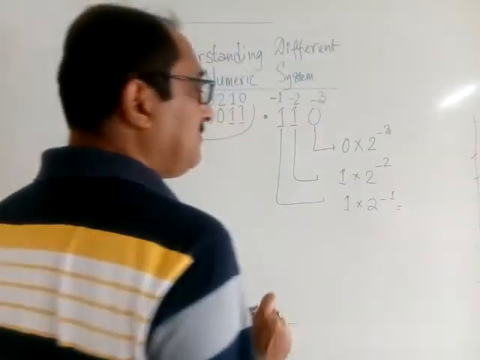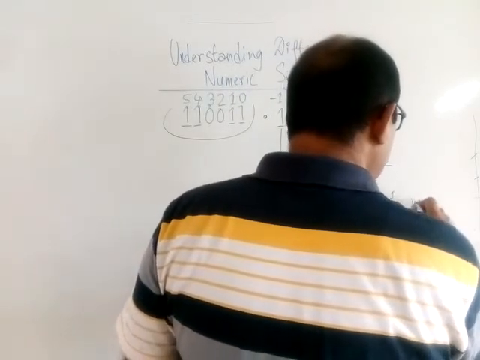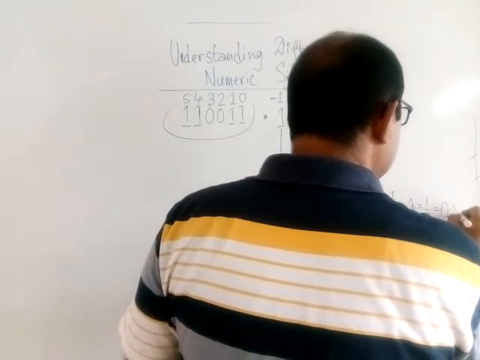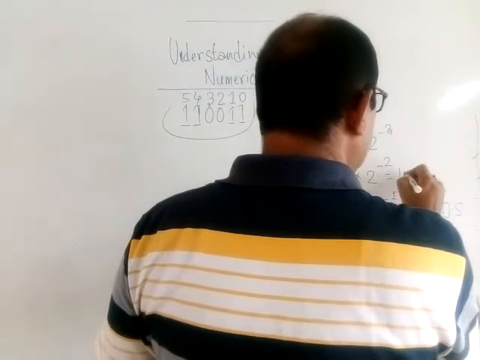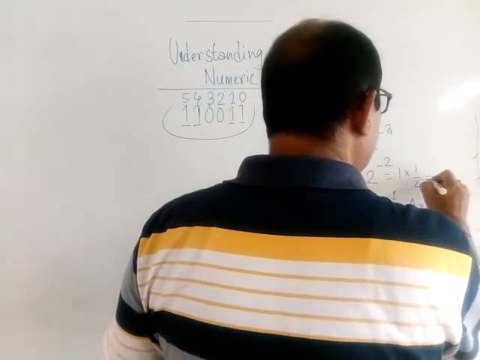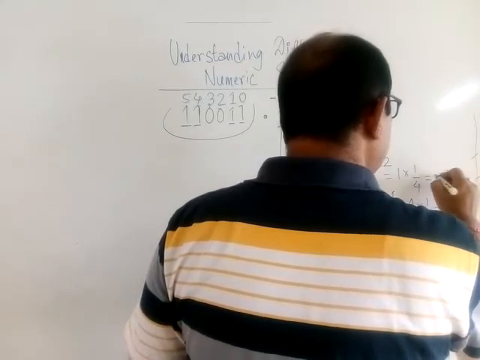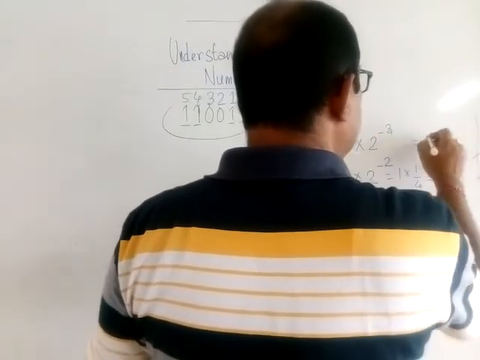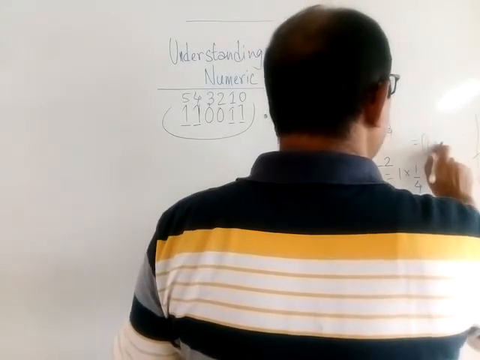So what is 2 to the power -1? 2 to the power -1 is nothing but 1 into 1 by 2, that is half. That means 0.5. This means 1 into 1 by 4, that is nothing but 0.25. And this one, 0 multiplied by something will always be 0.